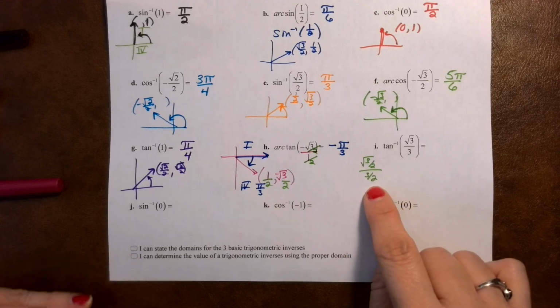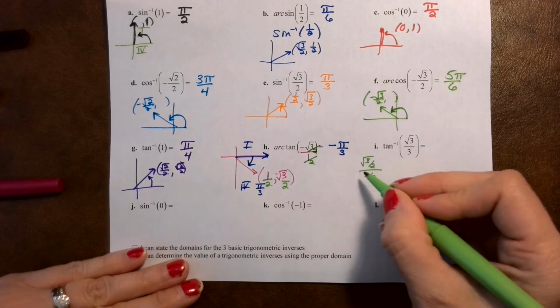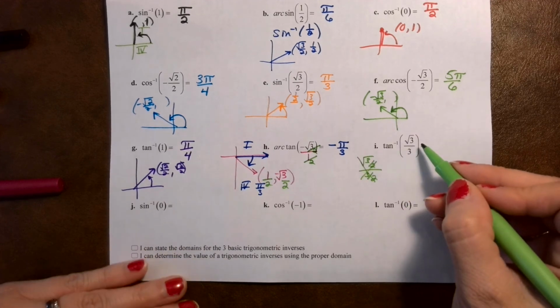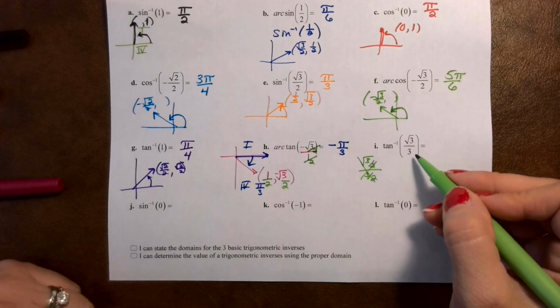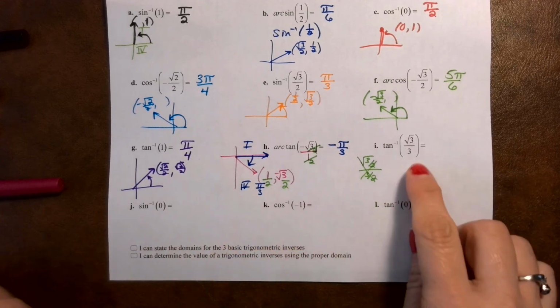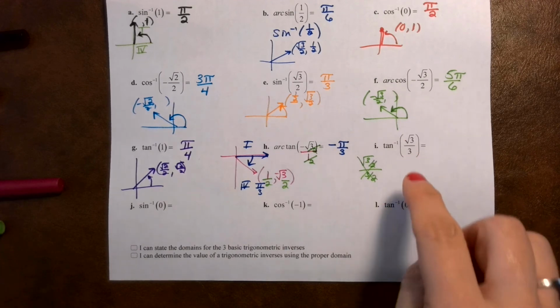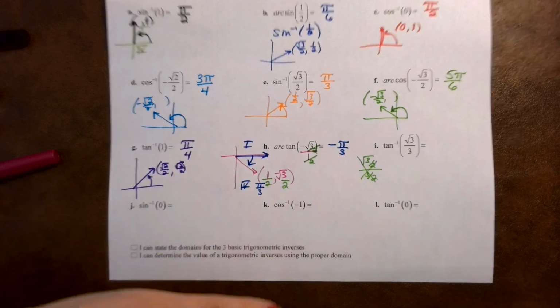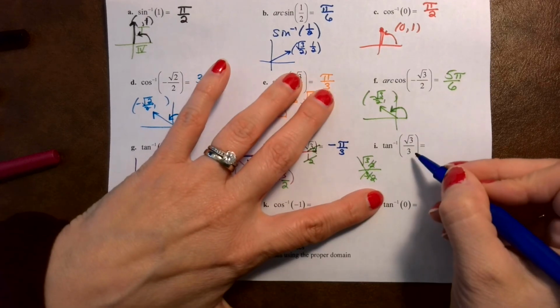No, hang on. What happened here? How did they get a radical 3 over 3? Oh, you know what they did? They must have rationalized their answer. I'm going to unrationalize it just so I can think a little better.